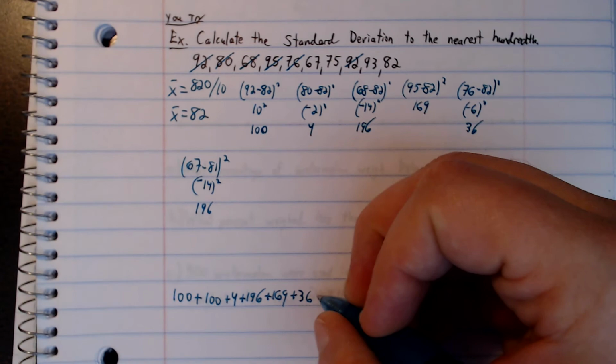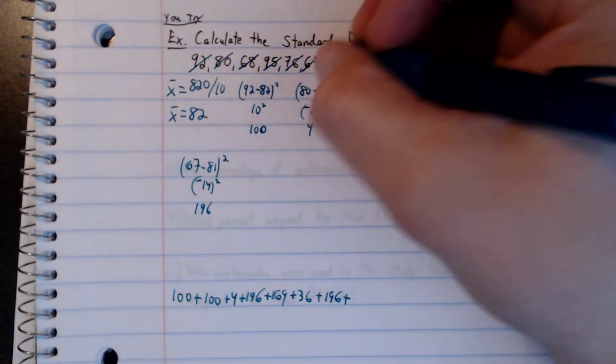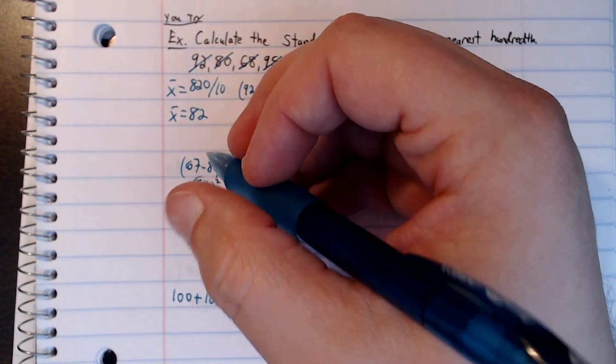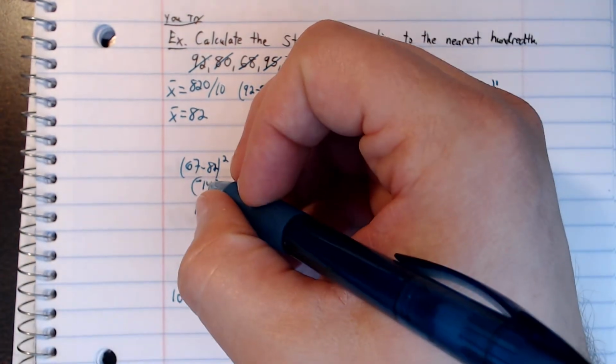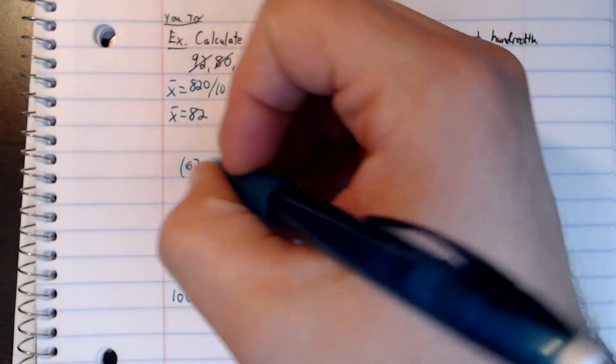Let's see. Oh, I did that one wrong. It's 82. See? 67 minus 82 is 15.